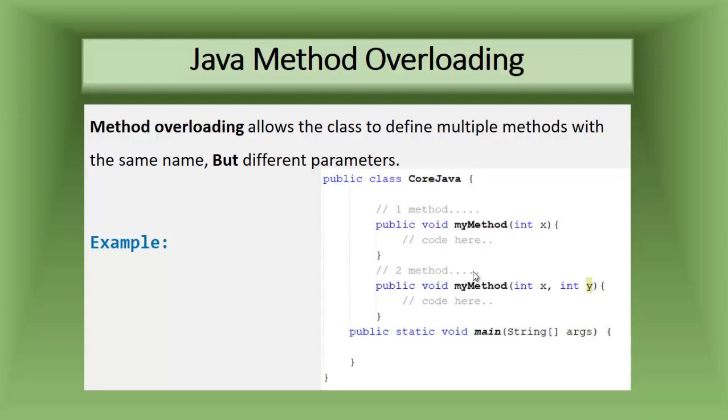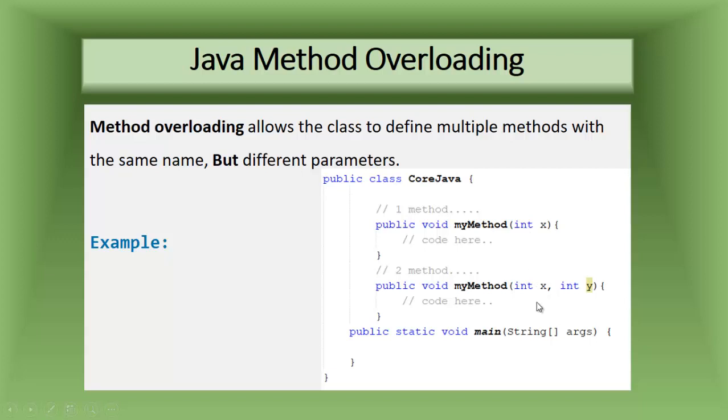In this picture, we see a class of core Java, and this is the first method: public void myMethod, and we pass int x. X is a parameter or argument to this method, and the second method is the overloaded method. They have the same name, but different parameters. The first method has a single parameter and the second overloaded method has two parameters.